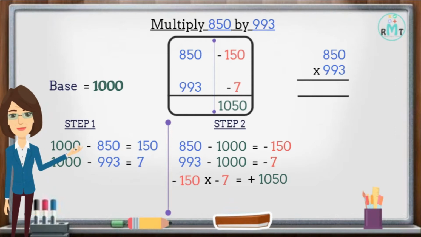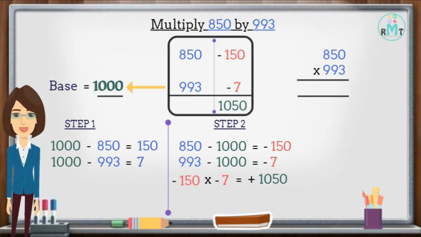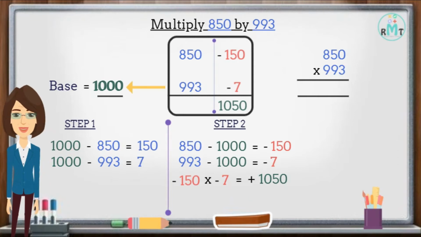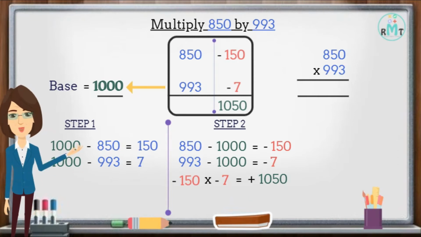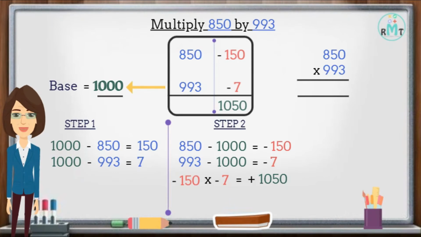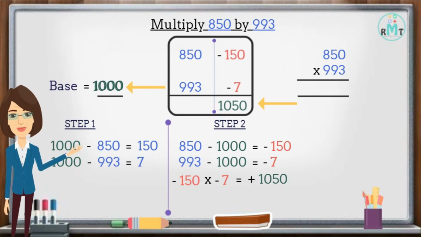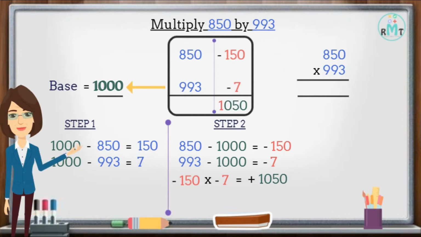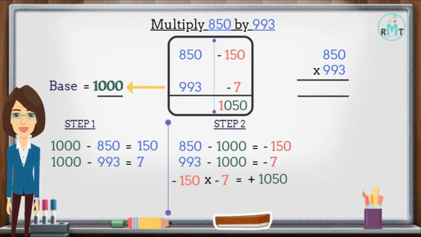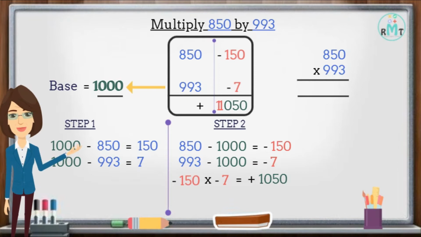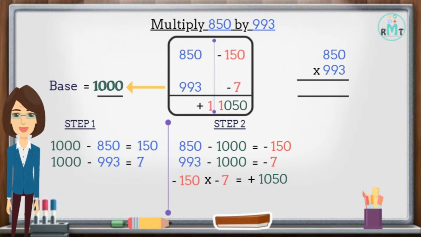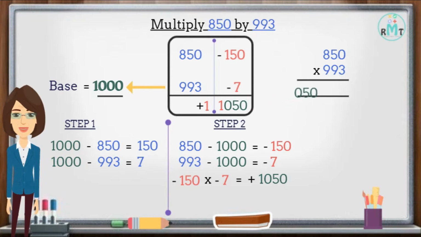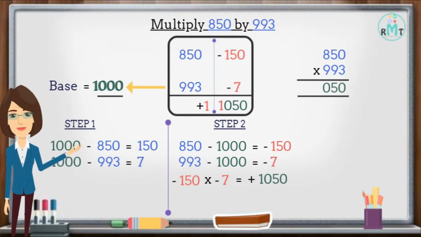Now, the base 1000 has 3 zeros, so the right hand side of the answer is filled by a 3-digit number. But we have a 4-digit number, namely 1050. Next, we carry over the extra digit, which is 1, to the left hand side and write the remaining digits to the right hand side of the answer.